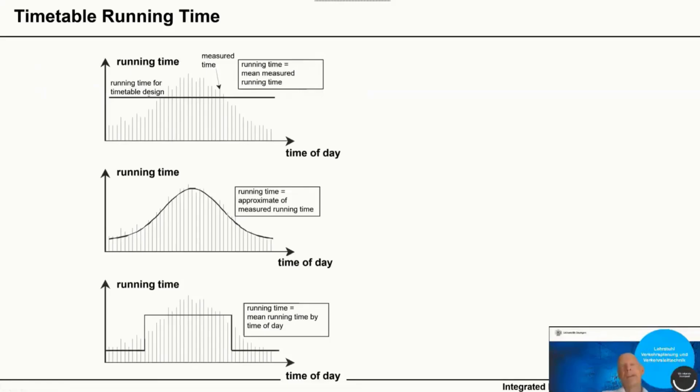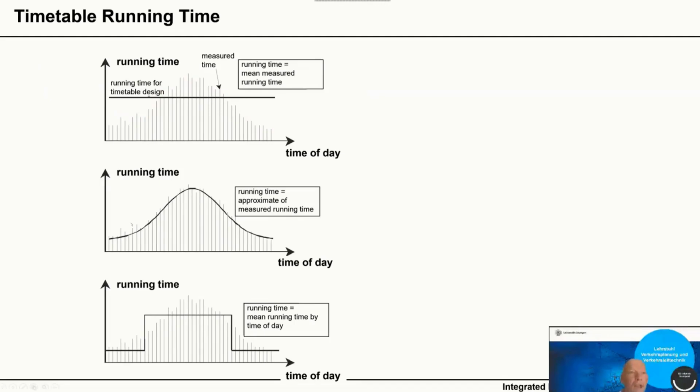And if you use GPS, if you observe what happens to your vehicles, you may observe that you have off-peak hours. In peak hours, the running time varies, and then in the evening, it may go down.